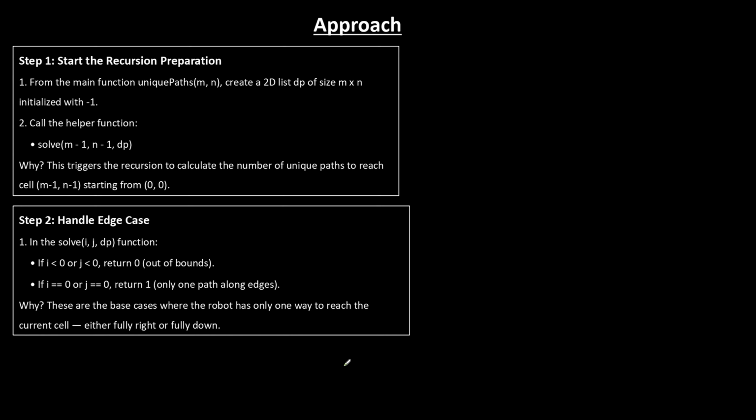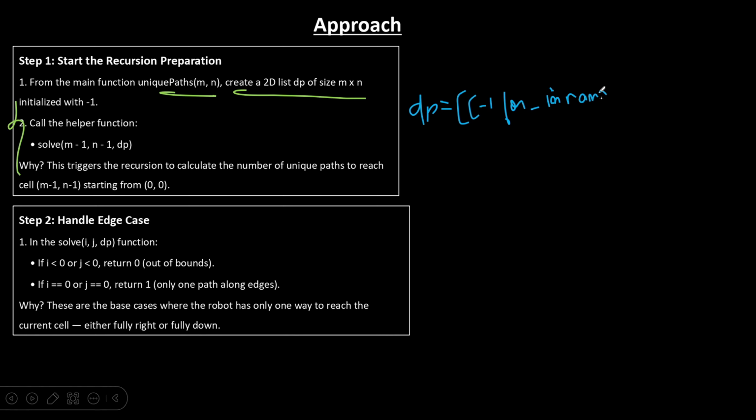Now since you got the intuition of the problem, let's look into the approach for how we're going to solve it. First, in the main function which is given to us, m cross n, we create a 2D DP list. How is that created in Python? DP will be equal to minus 1 for the inner range n, and the outer for in range m.